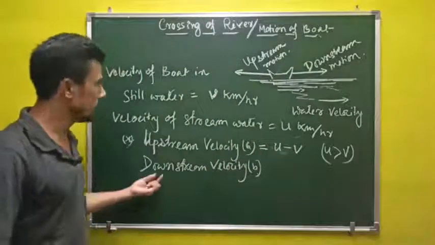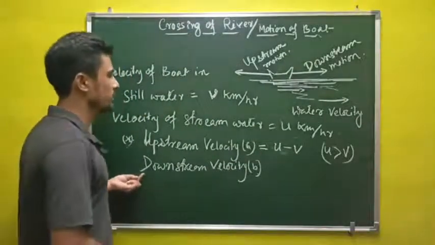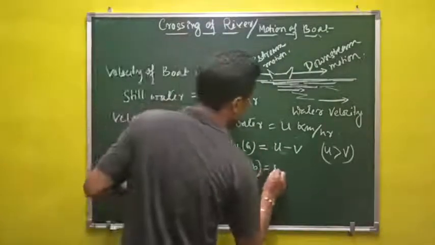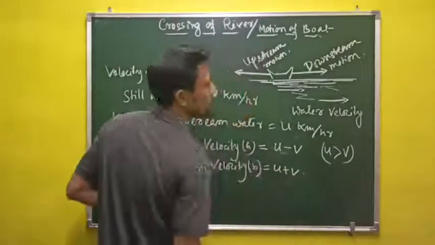That downstream velocity will be given by U plus V.